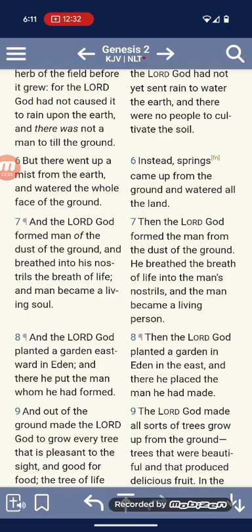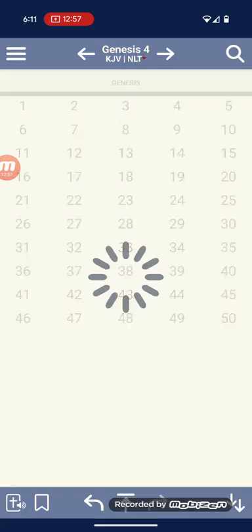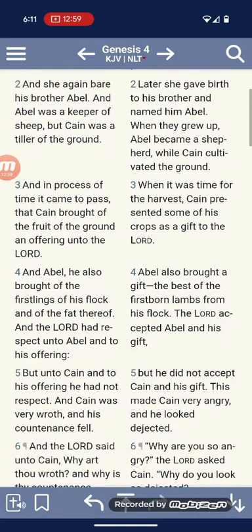And I'll read it again. It says, "And the Lord Yahweh, the power formed man of the dust of the ground, and breathed into his nostrils the breath of life." And that breath of life being the truth. All right. And the man became a living soul. All right. So we're going to go back over to Genesis chapter 4. So that's what Abel means.